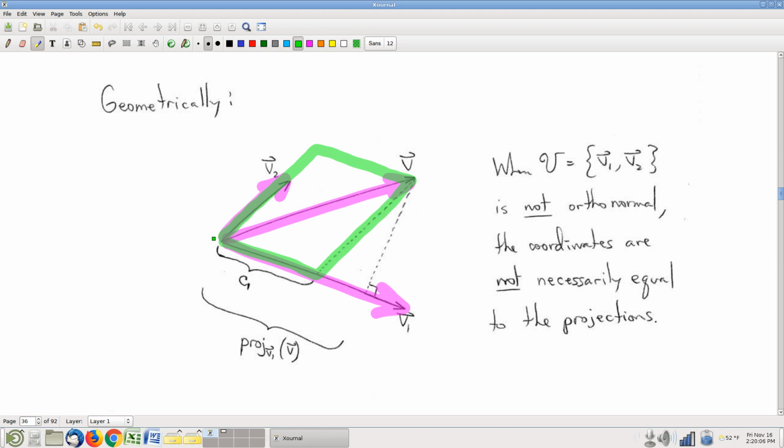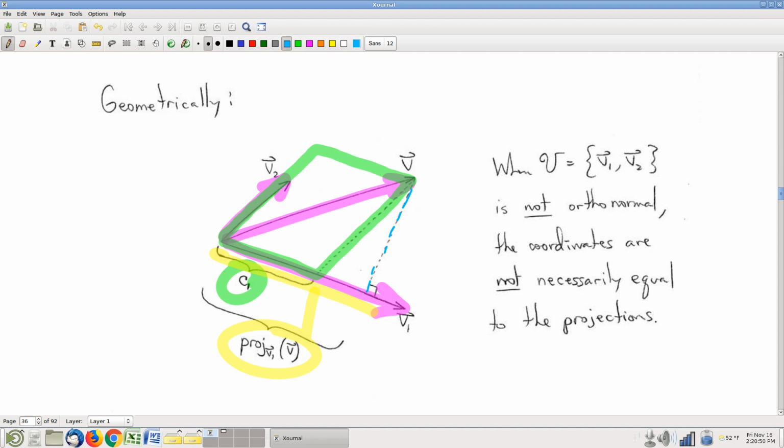So that parallelogram is what's going to allow you to compute your coefficients. Well, the projections come in this totally different way. The projection comes from dropping a perpendicular. You're not making a parallelogram here, you're making a right angle. So you can see how, generically, if you take some random basis off the street that's not orthonormal or anything of the sort, you wouldn't expect the coordinates computed off this parallelogram and the projections computed off this right triangle to have anything to do with each other.